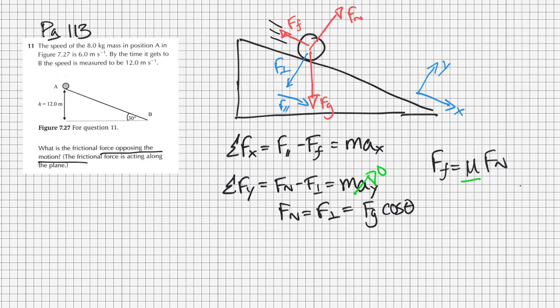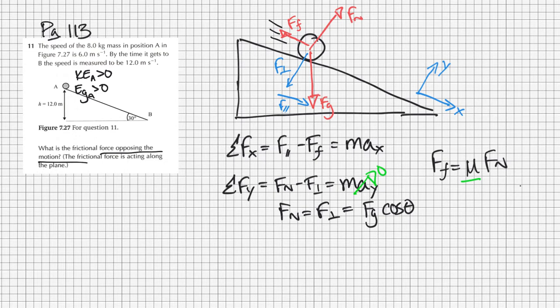There's a few different ways that we could attack this. The one using energy, I think, is going to be the most relevant. And so if we think about this, at position A, we have kinetic energy, and we also have gravitational potential energy, which is based on its height.